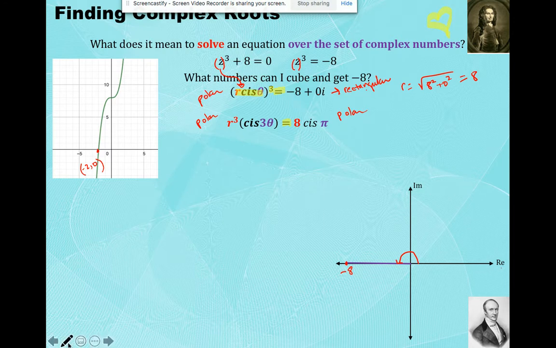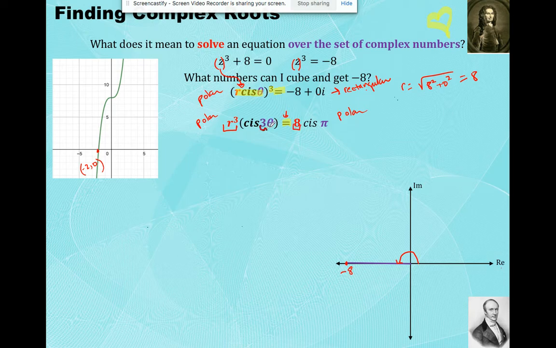Now, I've been highlighting this equal sign for a reason. What's on the left is the same as what's on the right. That's what it means to be equal. I have a polar expression on the left and a polar expression on the right. The modulus on the left must be equal to the modulus on the right.